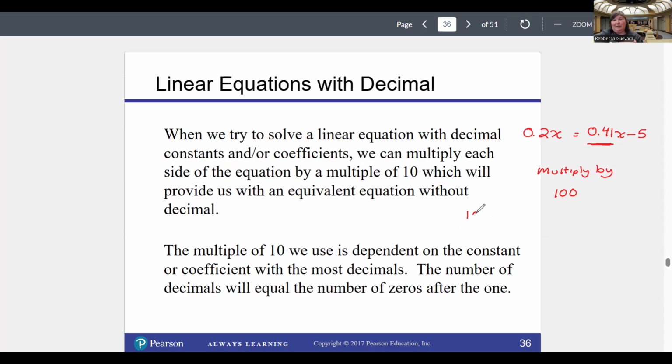If I multiply both sides by 100, so 100 times 0.2x is going to give me 20x. 100 times 0.41x is going to leave me with 41x. And then 100 times 5 is going to be 500.